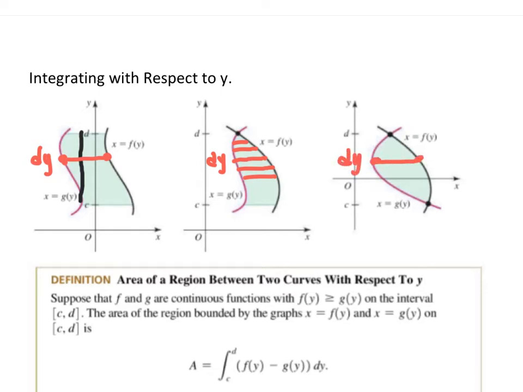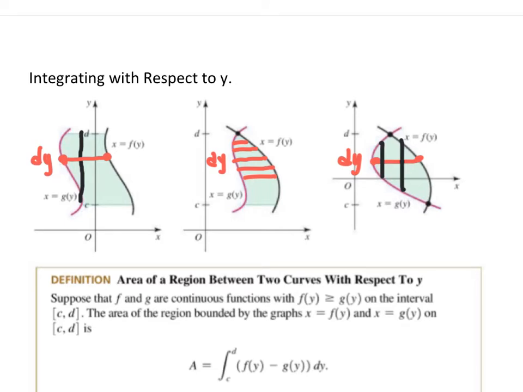If I try to draw a vertical slice here, I could go from one function to the next, but I need to be able to do that over the entire interval, and I can't really do that. Here I can go from f to g, but here I would just go from g to g, and that's not going to give me a distance. So that's the way we do it.